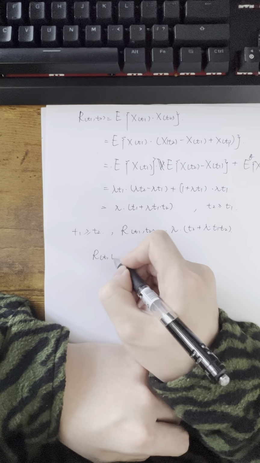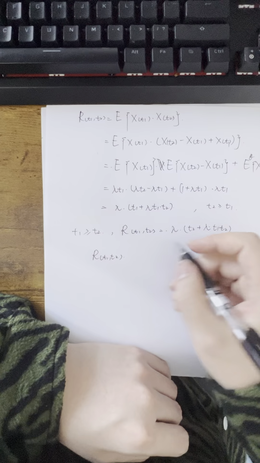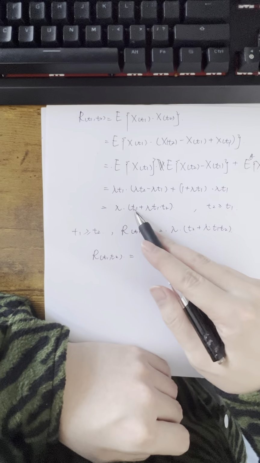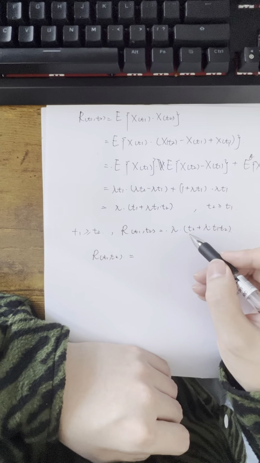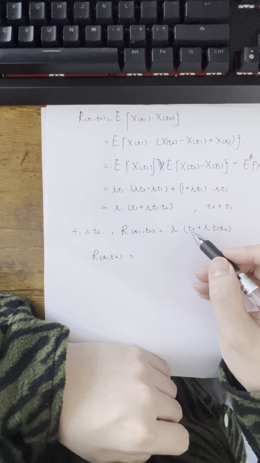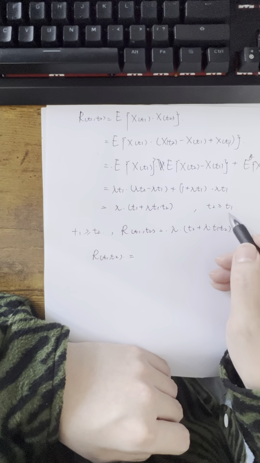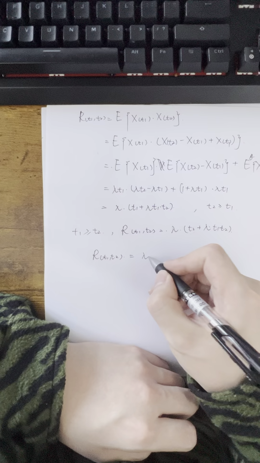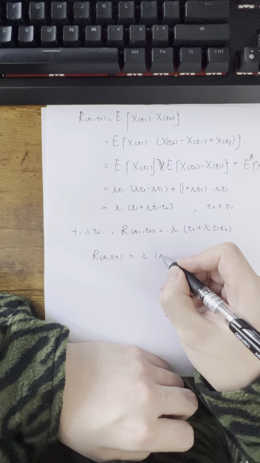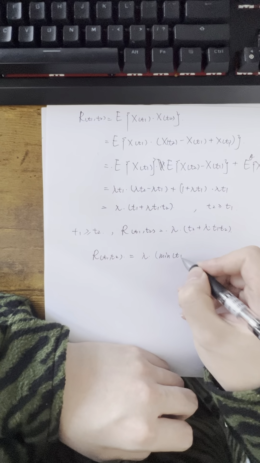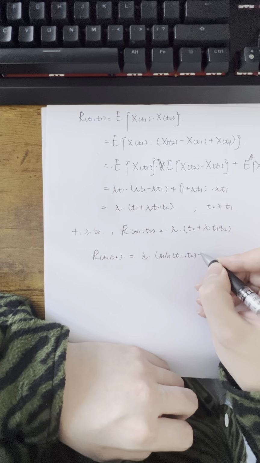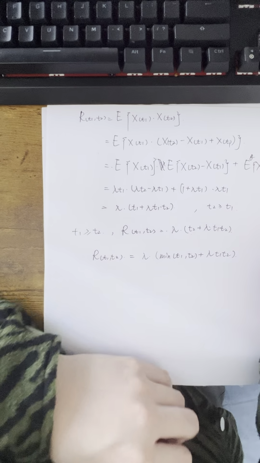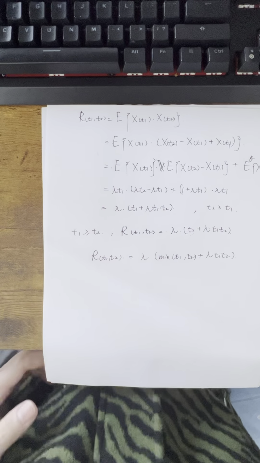R(t1, t2) is equal to, we could say actually the difference happens here, so this is the minimum value of t1 and t2, right? So this is lambda times min(t1, t2) plus lambda squared t1 t2. Right. And that's all. Thank you.